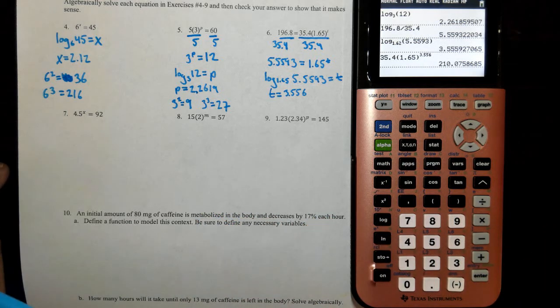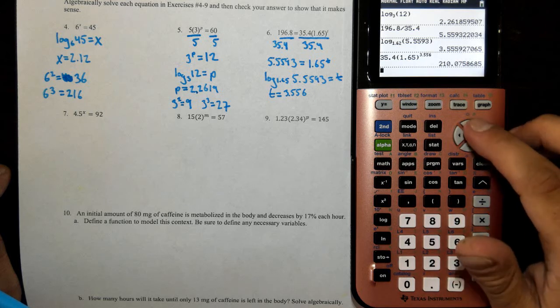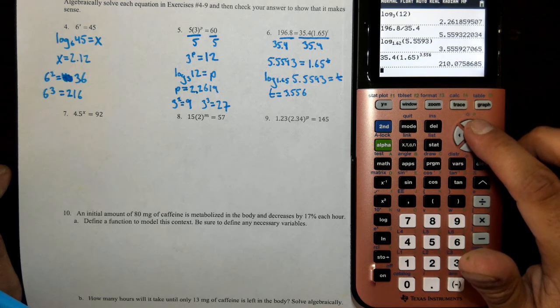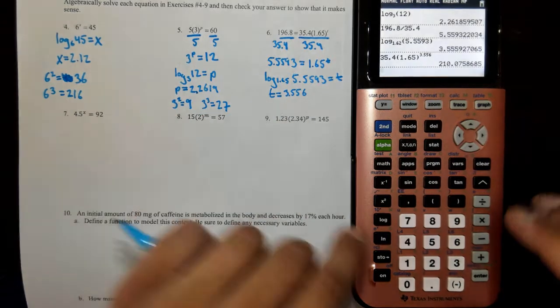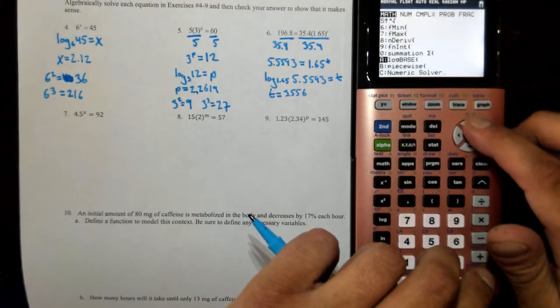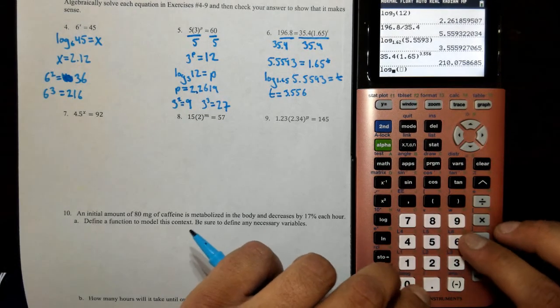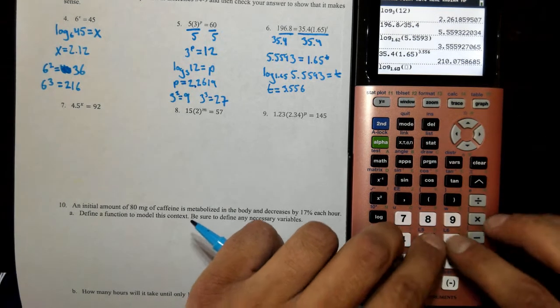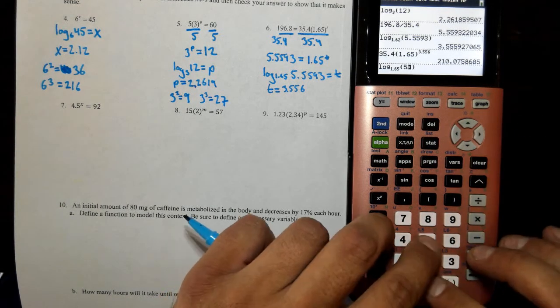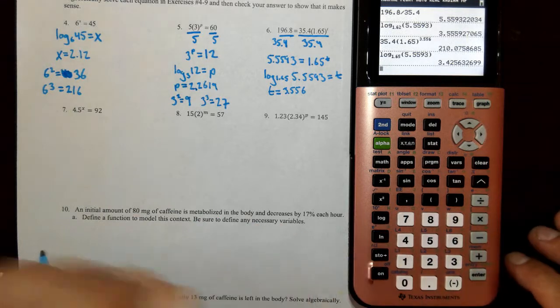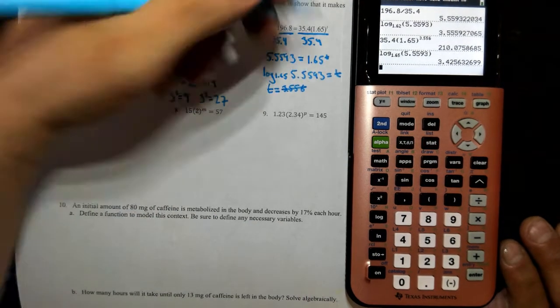Ooh, something went wrong there. What did I do? Oh, I put this in incorrectly. Sorry about that. So log base 1.65 of 5.5593. There we go. That's the correct answer.